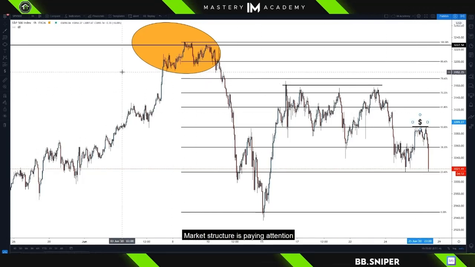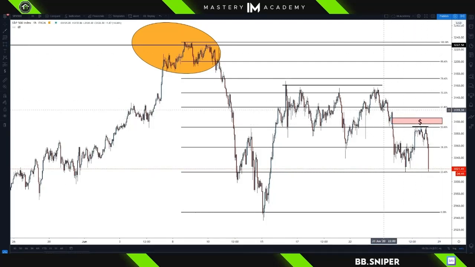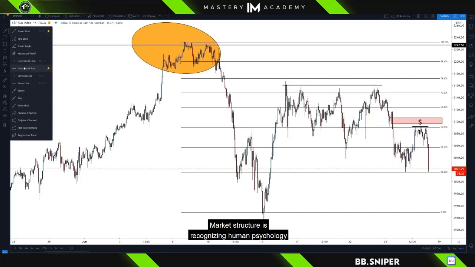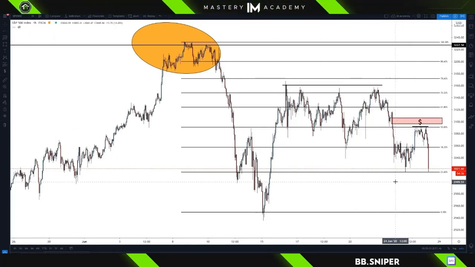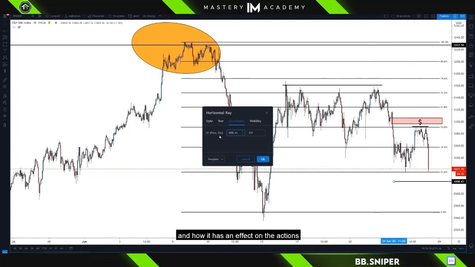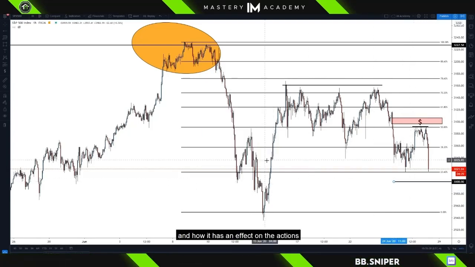Market structure is paying attention to what happens around whole levels. Market structure is recognizing human psychology and how it has an effect on the actions that happen in the market.